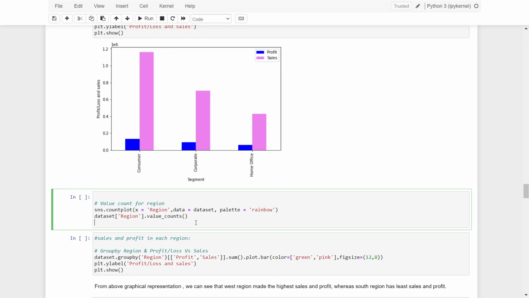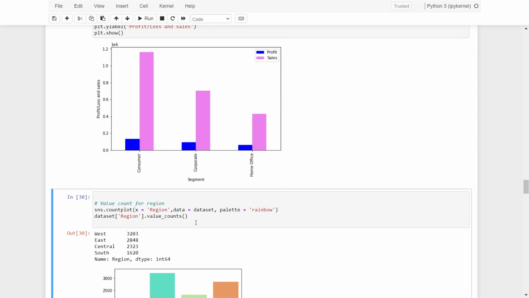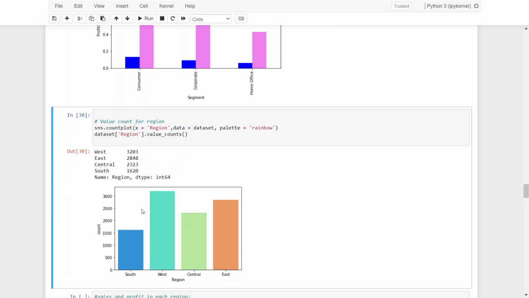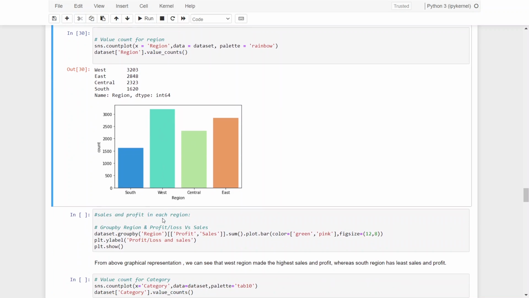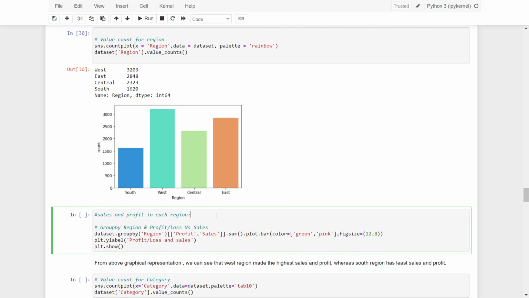Now I am going to run the count by region and plot it. Yes, this is the count. The west has the highest count, followed by the east, then central, and then the south. Next I am going to plot the sales and profit in each region.